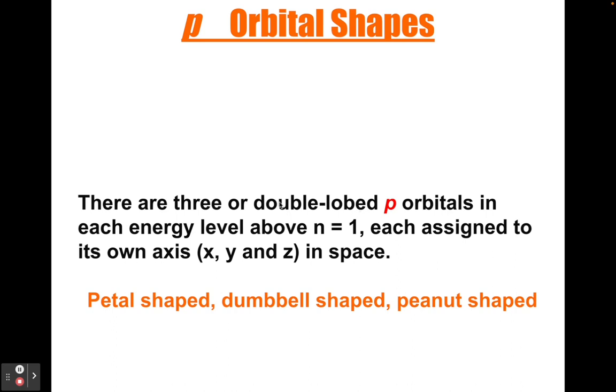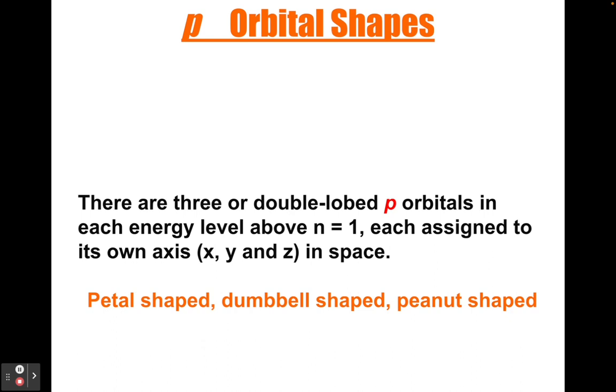And the 3 orbitals, and I'll show you pictures in a moment, are double lobed. They kind of look like 2 balloons put together, or like a dumbbell shape or petal shape. Each of the p orbitals is oriented along a different axis.